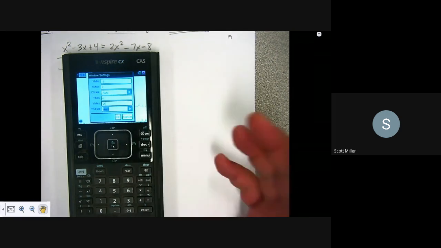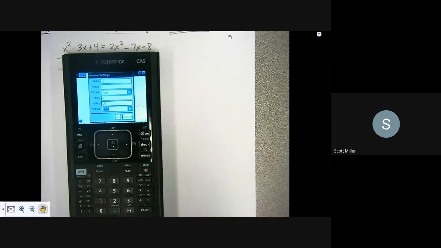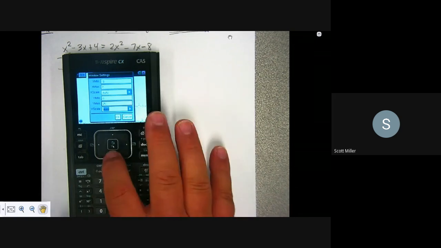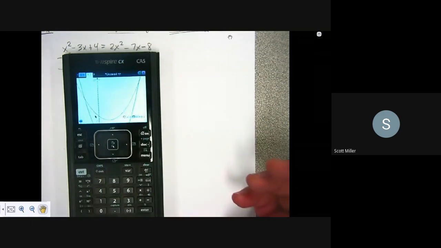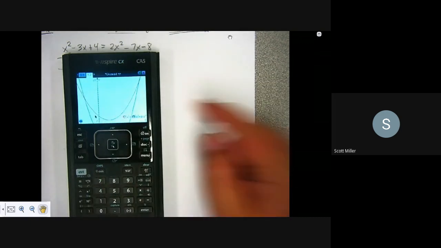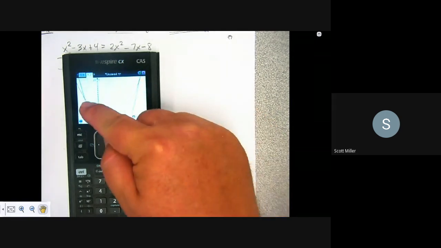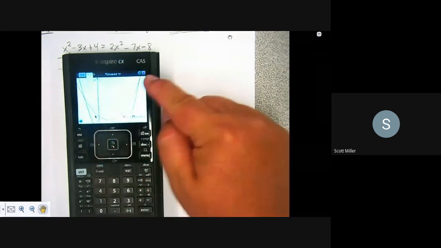If you do all this and it doesn't work, just come back to the screen and readjust. When you're all done, go to OK. You can tab to get to where you want to go. Hit OK, and the screen is redrawn to that setting. And you can see that the intersections are a little bit easier to see now.